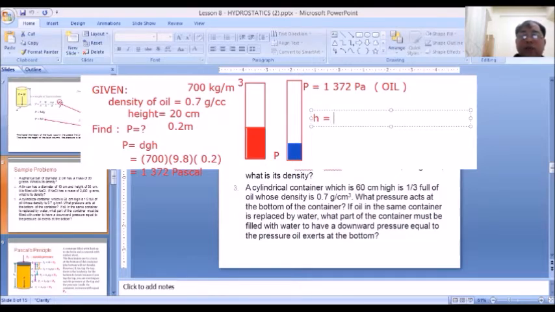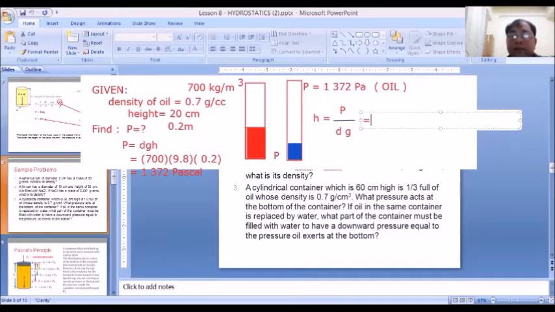height must be equal to pressure divided by the density value. So if pressure is dgh, then our denominator will just be simply d and g. So pressure will be divided by d and g. But this time the density that we will be using is not that of oil but of water.